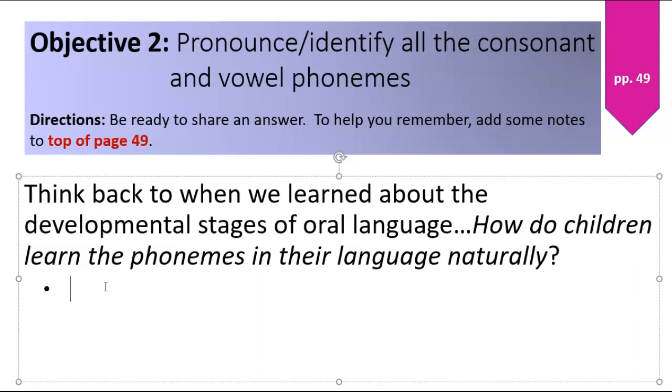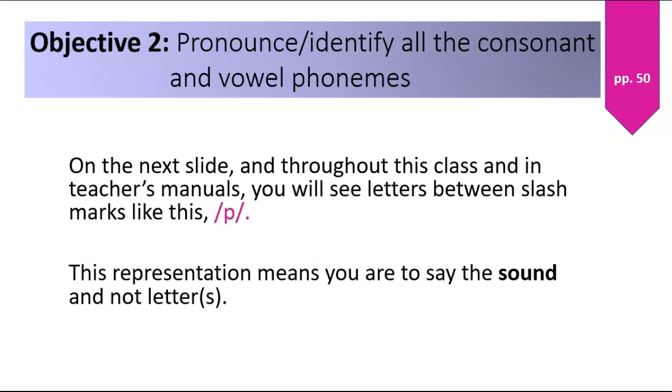And think, how do children learn the sounds, the phonemes, in their language just naturally? How does that happen? Put your answer down and then move on when you're ready. We've talked about this in class. You probably already know it, but jot it down one more time.